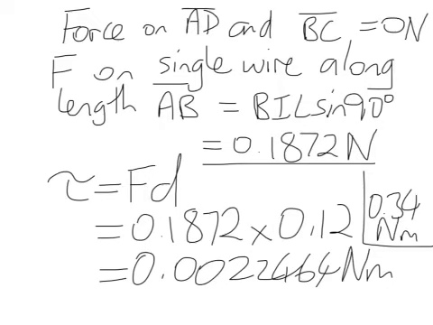Now, thinking about the direction, from that point of view that I showed you just before, you need to use your right hand slap rule or perhaps Fleming's left hand rule, and if you do it correctly, you should come to the conclusion that the coil will move clockwise, or this torque, this couple, acts in a clockwise direction from the point of view indicated.